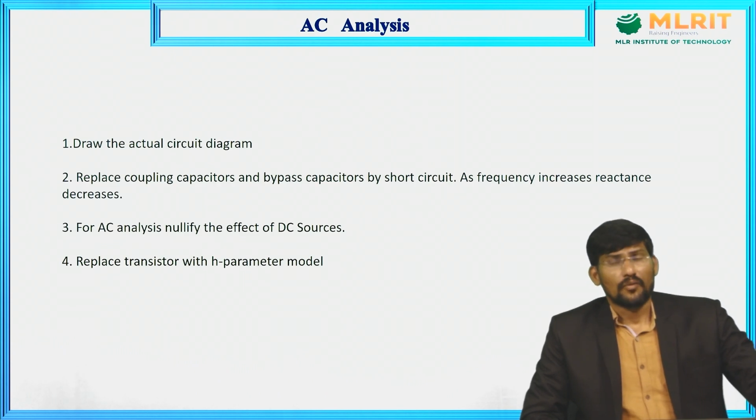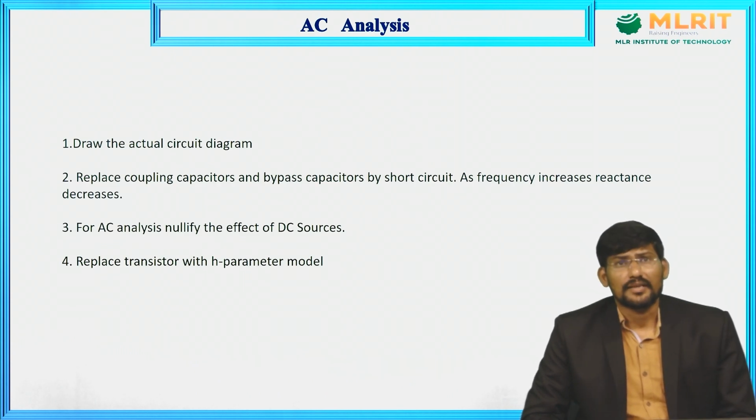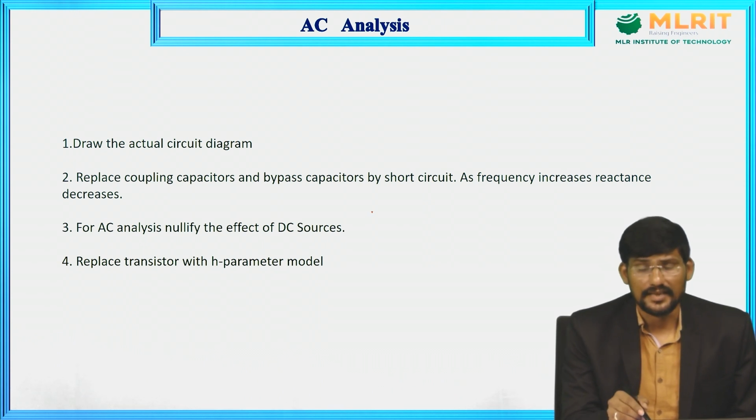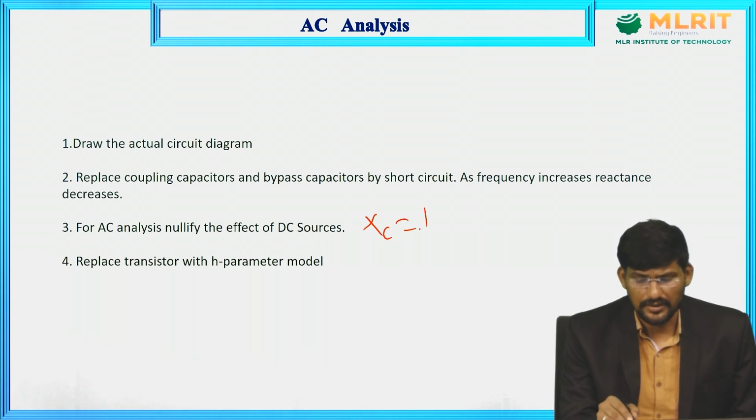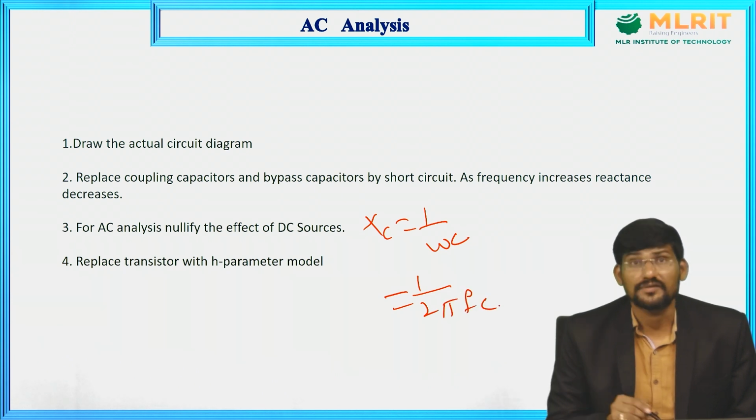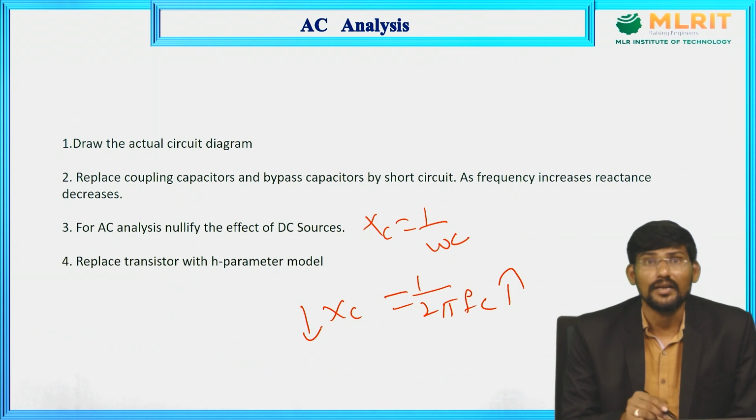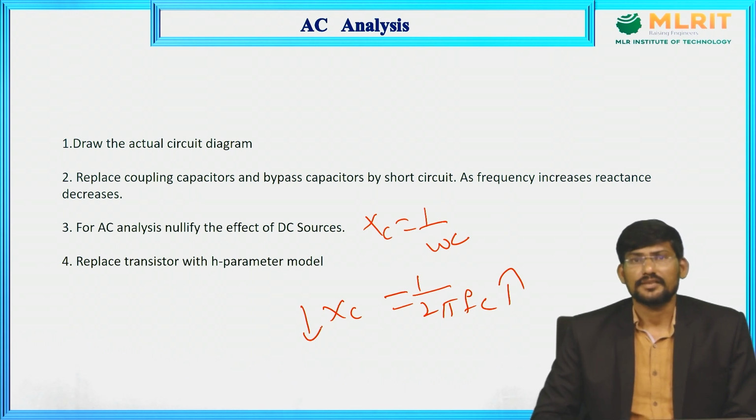So what is AC analysis? By considering the AC signal and nullifying the effect of DC sources, we can find out the AC conditions. So for that, what we have to do is first draw the actual circuit diagram and replace the coupling and bypass capacitors by short circuit, because what is XC? Reactance of the capacitor is 1 by omega C, or it can be considered as 1 by 2 pi FC. So as frequency increases, what happens to the reactance? Reactance decreases. As frequency increases, reactance decreases.